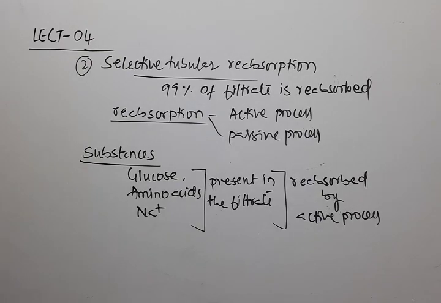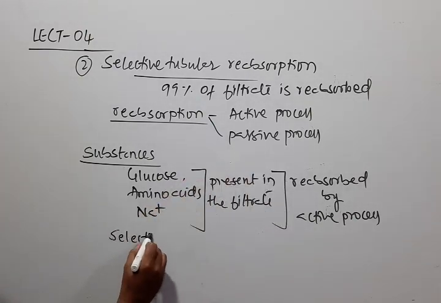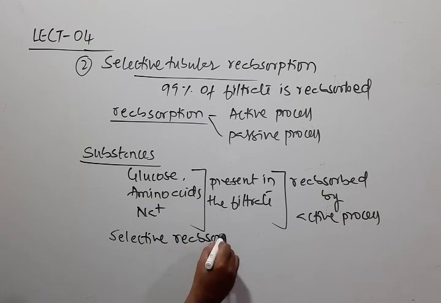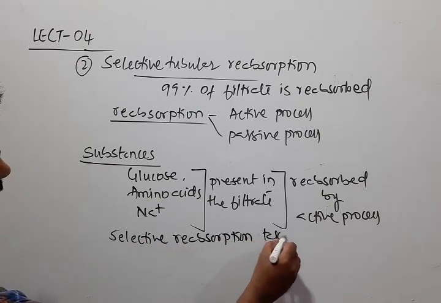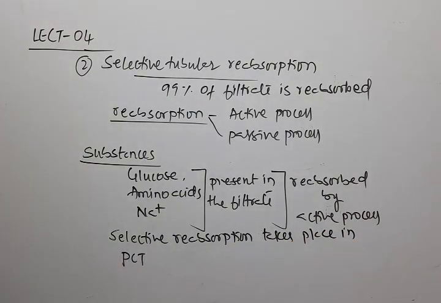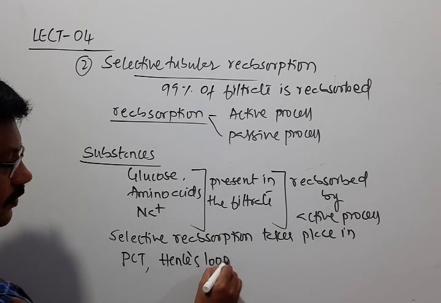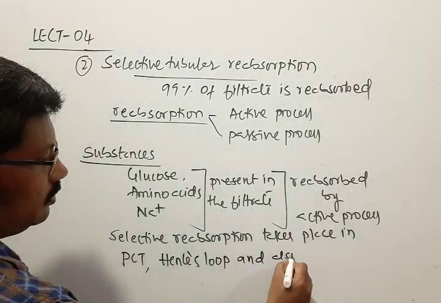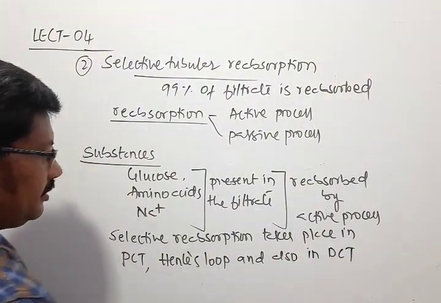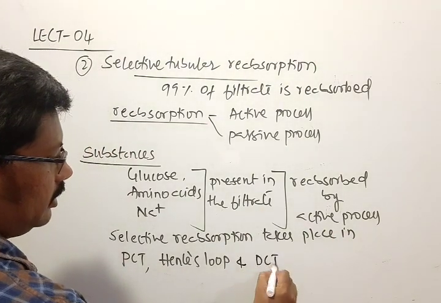This selective reabsorption takes place in the PCT and also in Henle's loop, and of course also in the DCT.